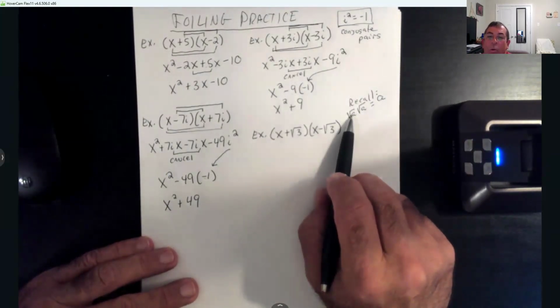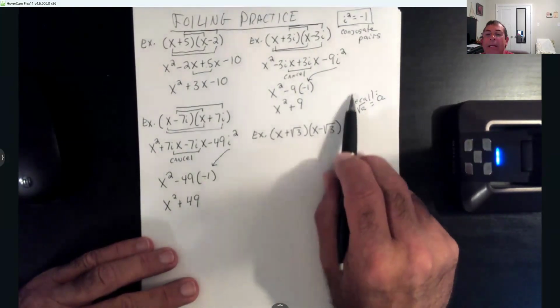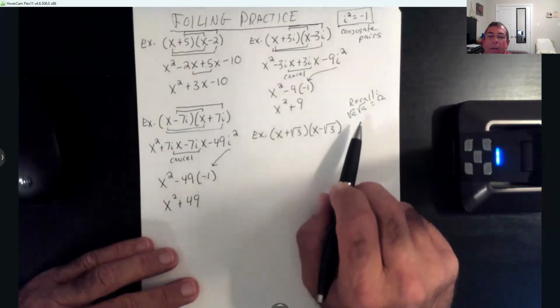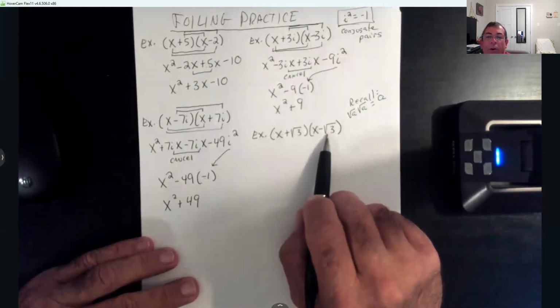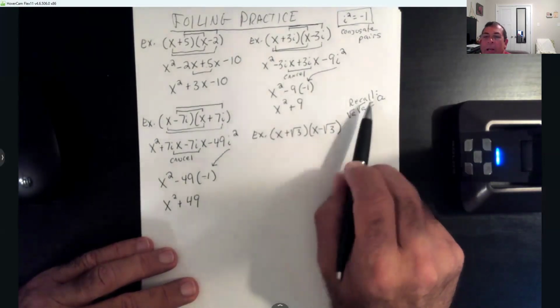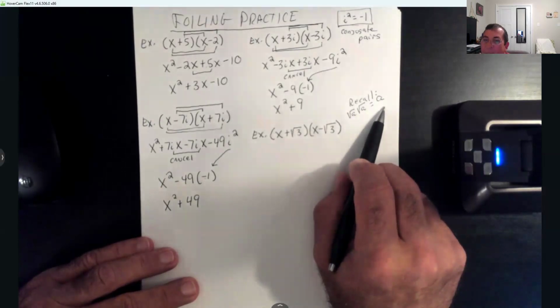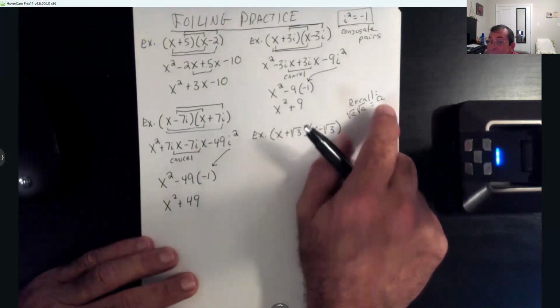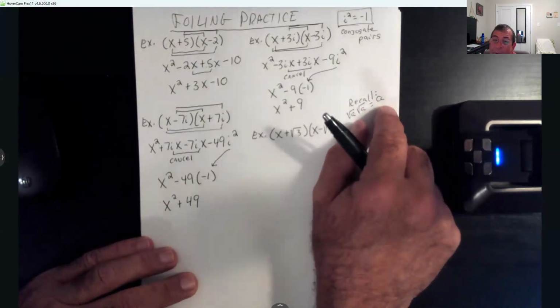So if I multiply a square root times itself, it equals the number that was under that square root. So when I multiply square root of 3 times square root of 3, I'm going to get a 3. Now I'll work them out the long way so that you'll see that. But in the long run, that's what's happening, okay?